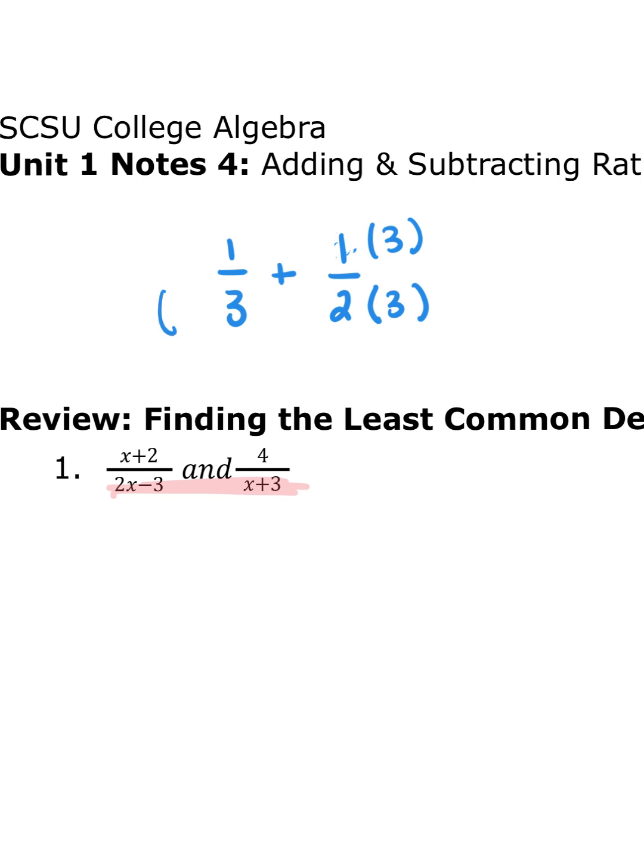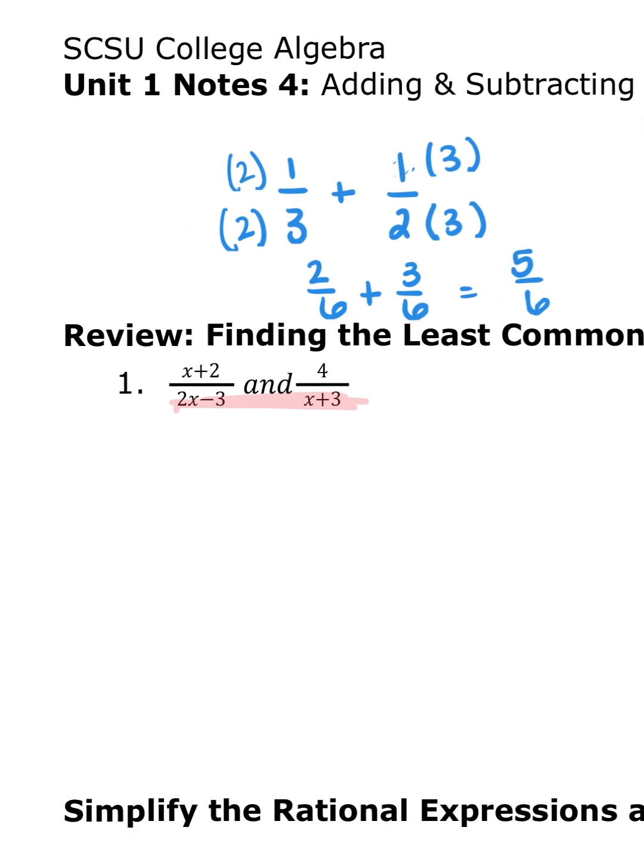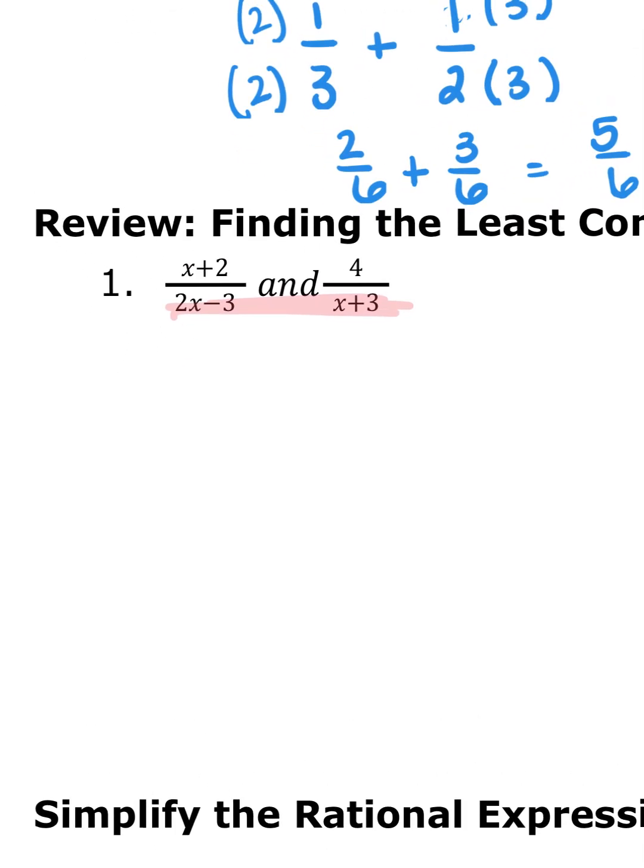And then I'm also going to multiply this side by the opposite number over there, which is 2. Whatever I do to the bottom, I have to do to the top. So I ended up getting 2/6, and that was added to 3/6. So then I could add together, the denominator would stay the same, and I would say, well, I have 5/6 then. So we're going to use that same idea when we're finding a common denominator for our fractions today.